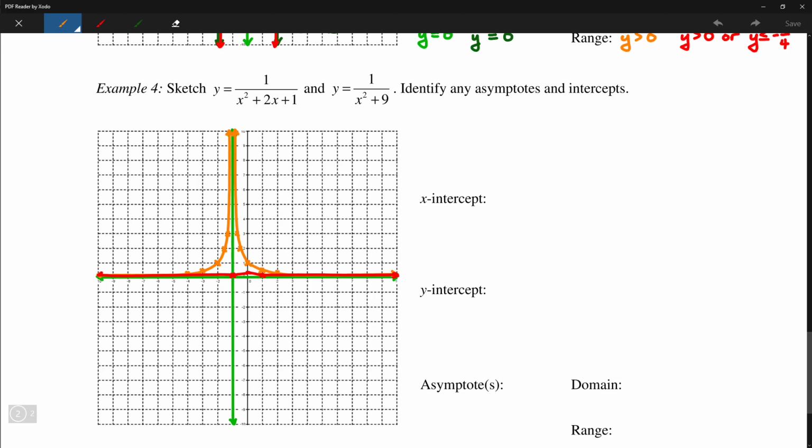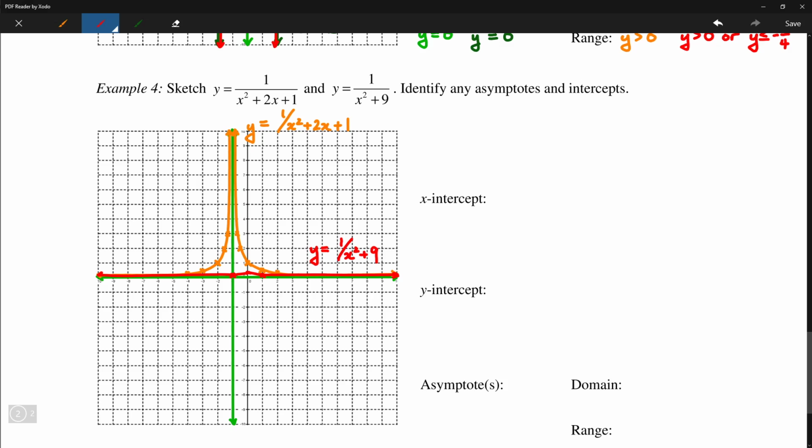So the orange graph is y equals 1 over x squared plus 2x plus 1, and the red graph is y equals 1 over x squared plus 9. Again, the best way to graph these is to make a table of values. There are some things to talk about for both of these, so let's go ahead and do that.